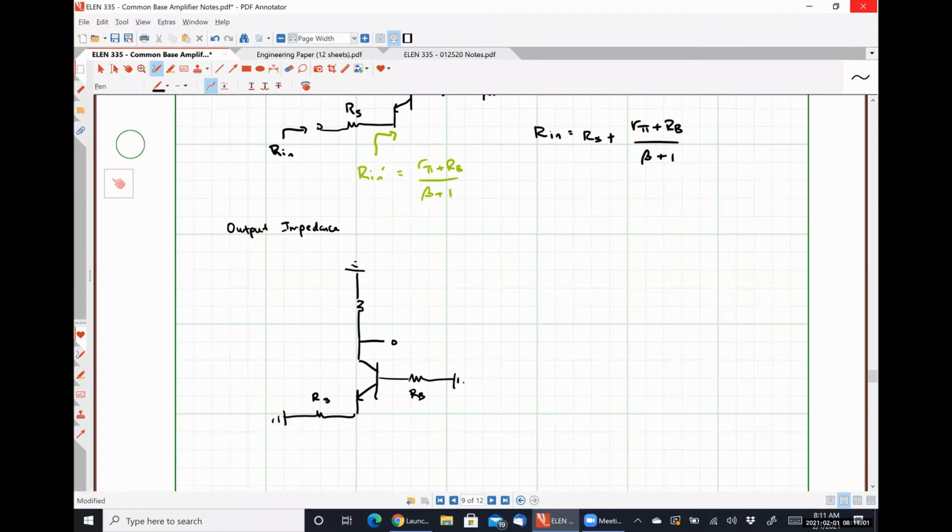Here is RB. Here is RC. We're looking in through this terminal. And so I would argue that this guy does look like a common emitter amplifier with emitter degeneration and base resistance, right? So when we're calculating the output impedance of a common emitter amplifier, let's see what's in chat. Okay.